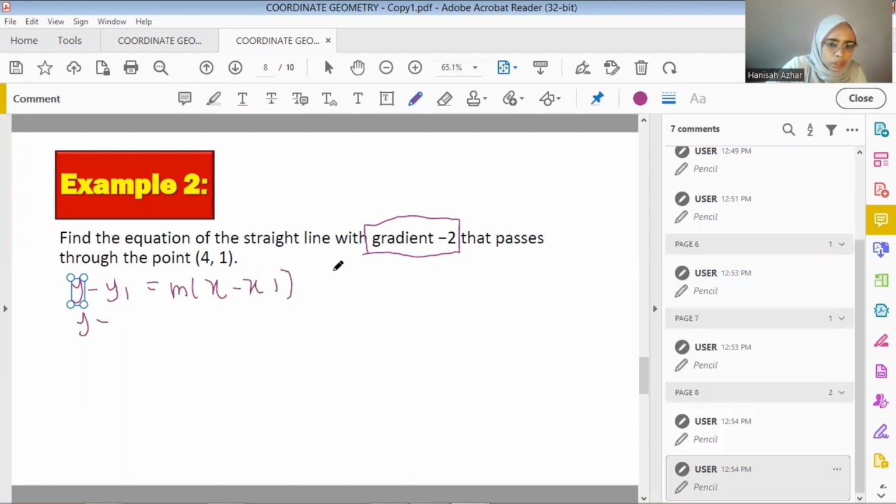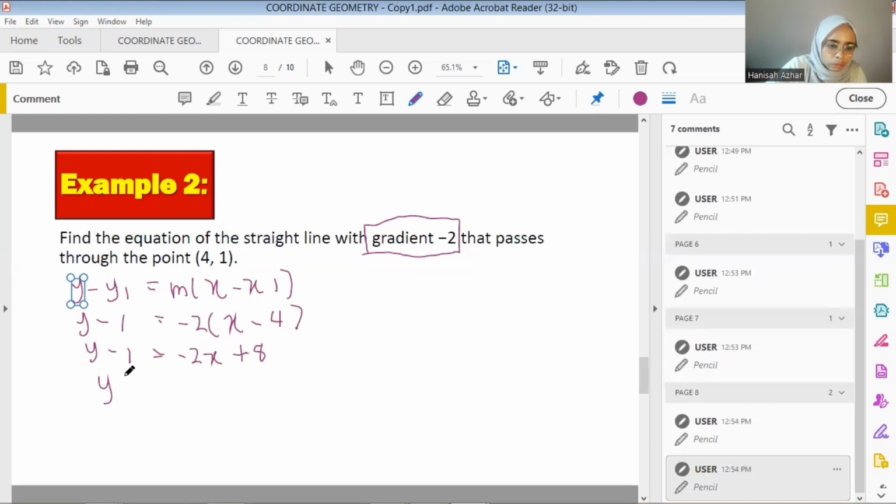So y minus 1 equals negative 2 in brackets (x minus 4). We have to expand this. Negative 2 times x is negative 2x. Negative 2 times negative 4 will become 8.